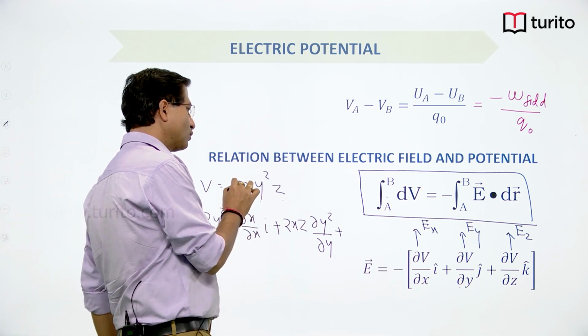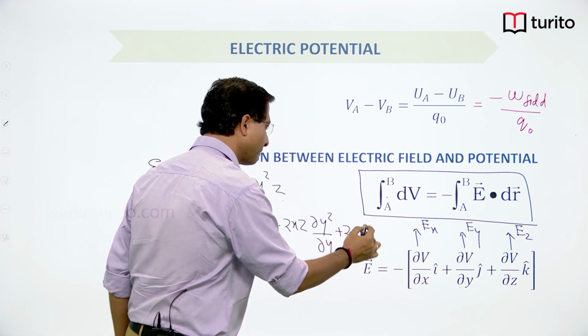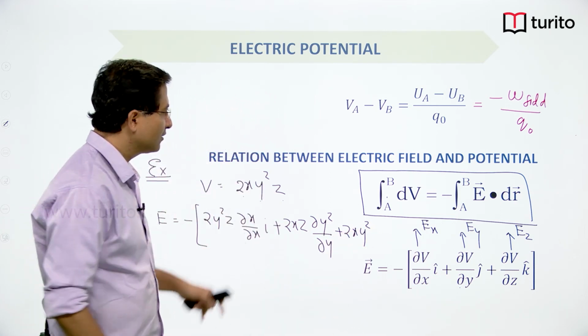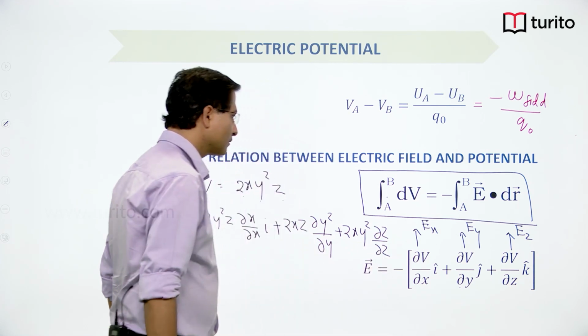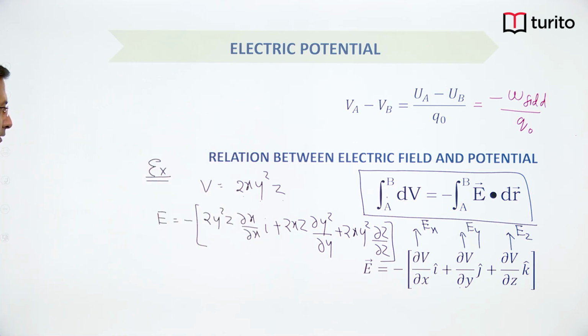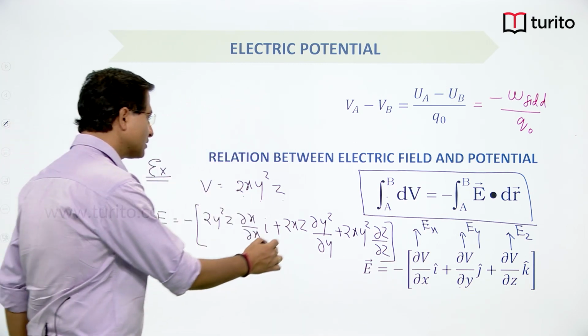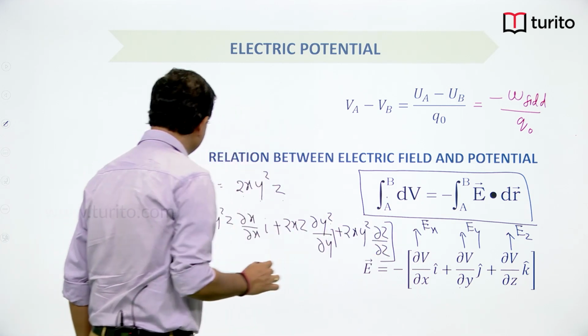I can take 2xy square common and differentiate z with respect to z. Now, this is the j cap direction, and here this one is k cap.